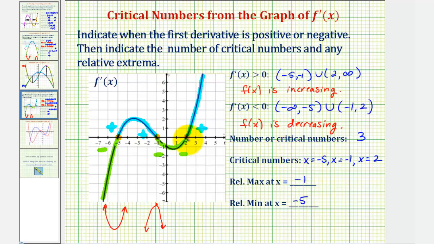And then finally, notice at x equals 2, the first derivative changes from negative to positive, which means f of x again changes from decreasing to increasing at x equals 2. Therefore, f of x has a low point, and there's another relative minimum at x equals 2. So there's a relative minimum at x equals -5 and at x equals +2.